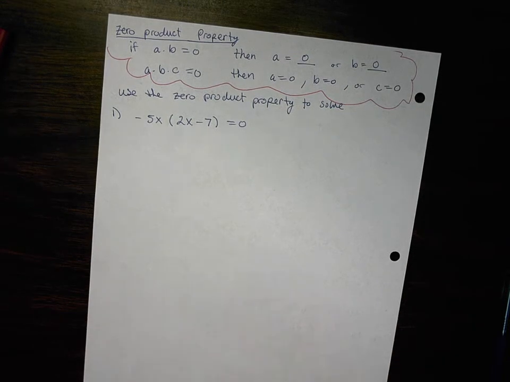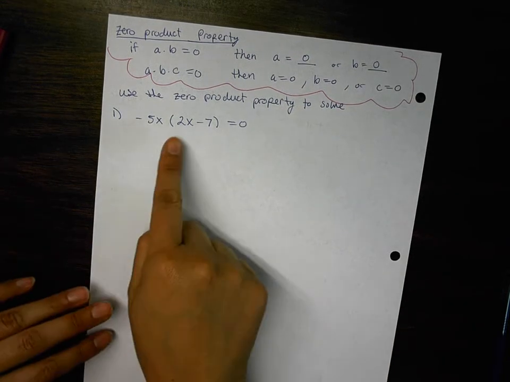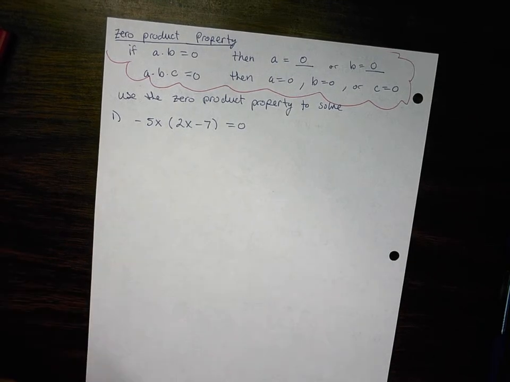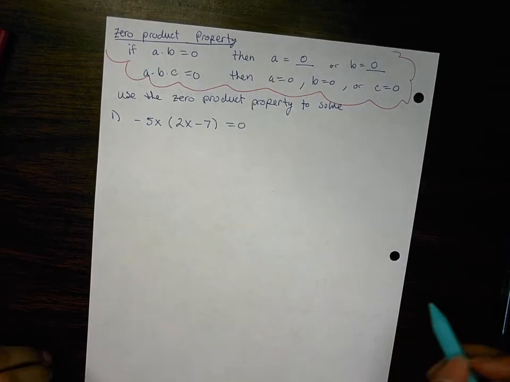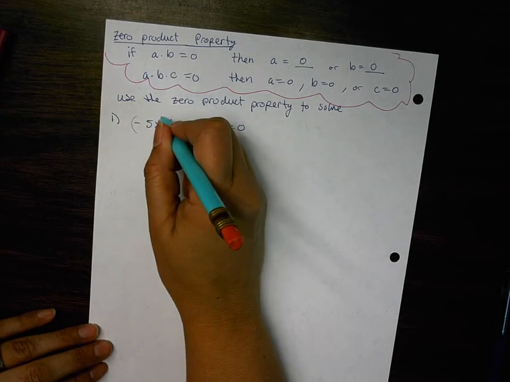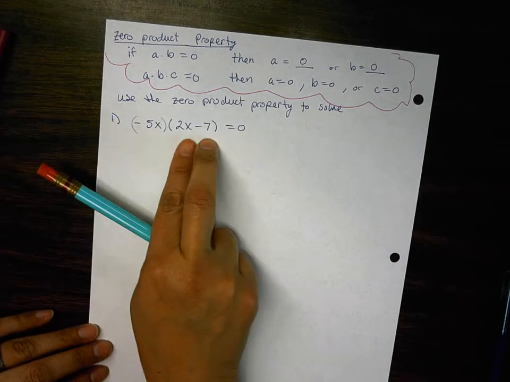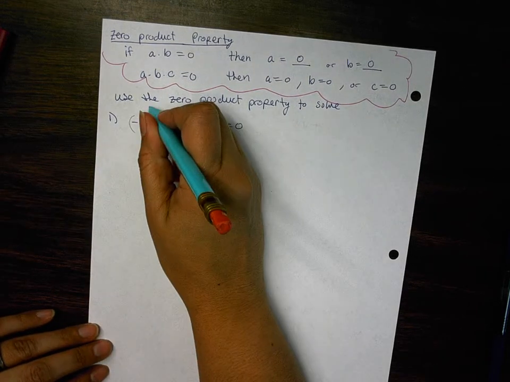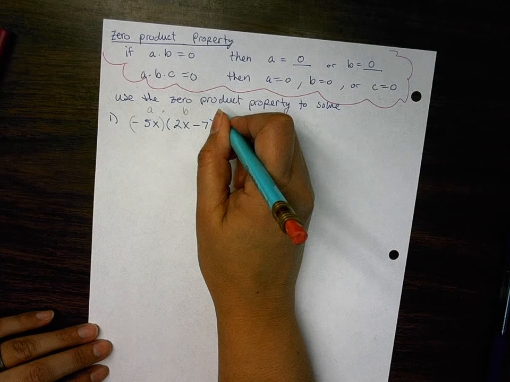This is called factored form because can you see they already pulled the GCF out? Can you see that it's factored form? Yes? Okay. I have 2 factors here. It's kind of hard to see, but can you imagine that's your first factor and that's your second factor? Do you guys see that? Yes. Okay, so think of this as A times B equals 0.